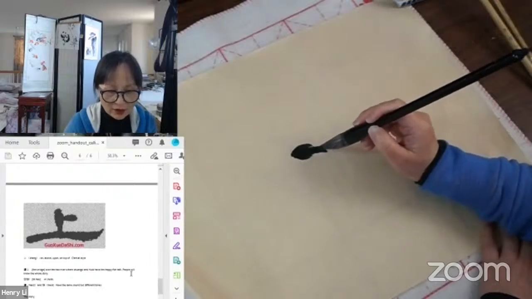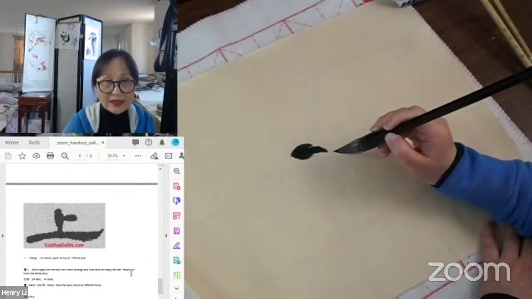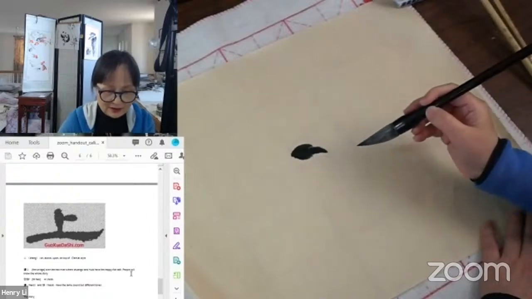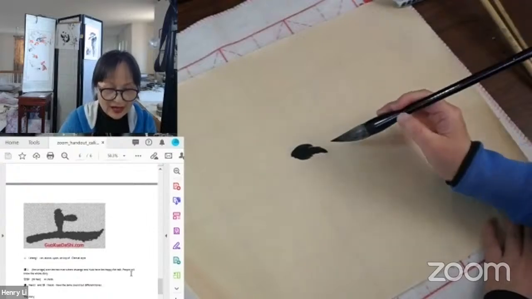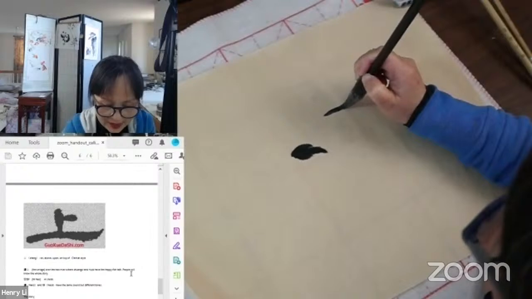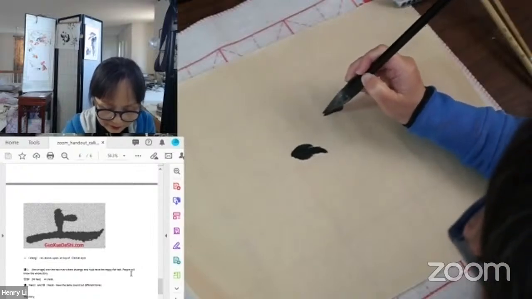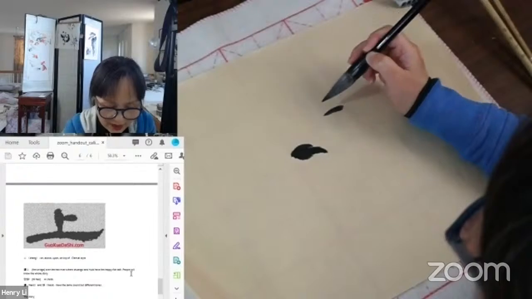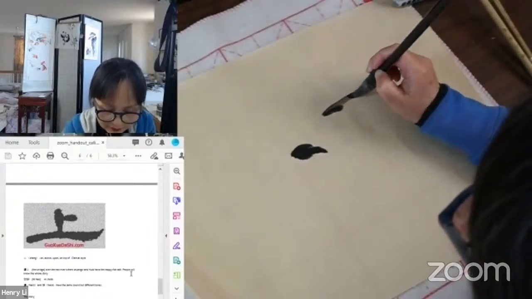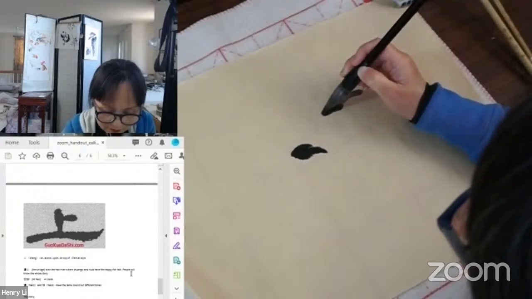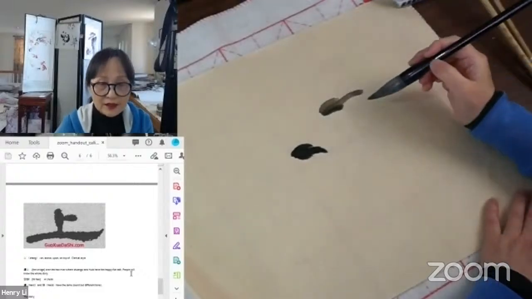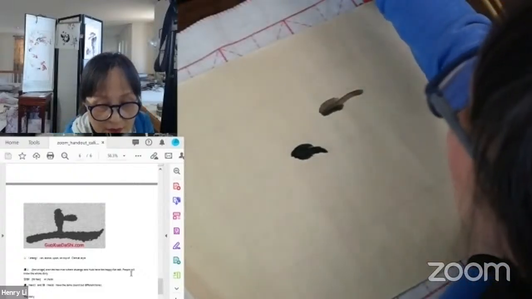And the longer center stroke indicates the spine of the fish. Okay, and then after the arrow, see what you do. You do not have to do the arrow very evenly. And then only the tip is dark ink, okay?